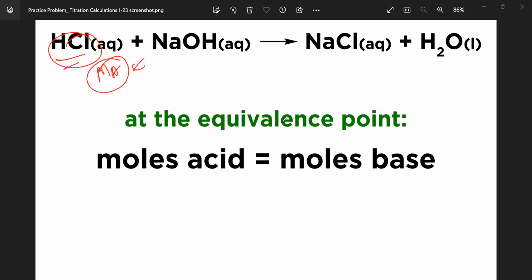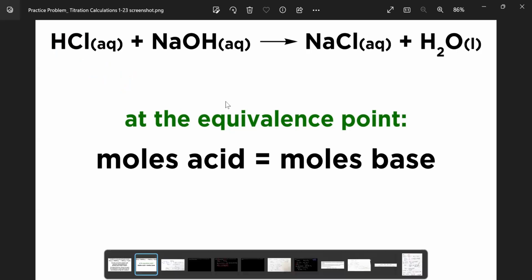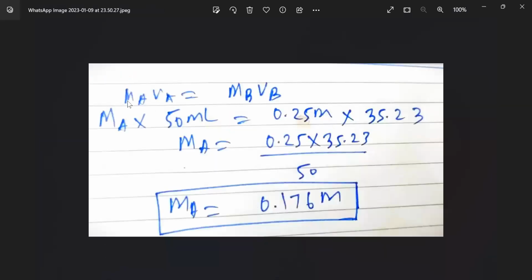So let us start with the solution of the same, right? Here, I have already put the values. You can see our formula is going to be MaVa equals MbVb. Here Ma I have not disturbed. This 50 ml was given as the volume of acid, and Mb is nothing but the molarity of base. It's already given, 0.25, and here this is the volume of base.